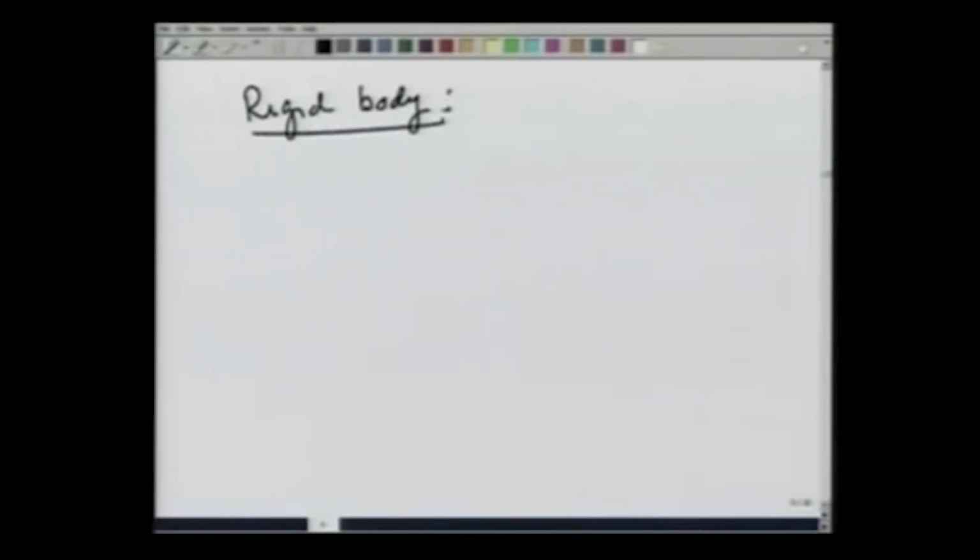This is a concept we keep using. In a rigid body, the constraint is that the distance between any 2 points always remains fixed. And what is the constraint force? The constraint force is that internal force that keeps the distance fixed.